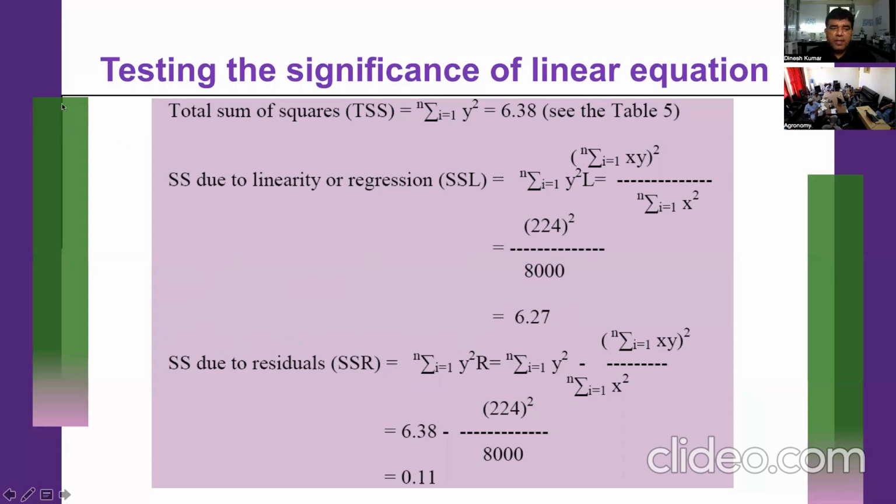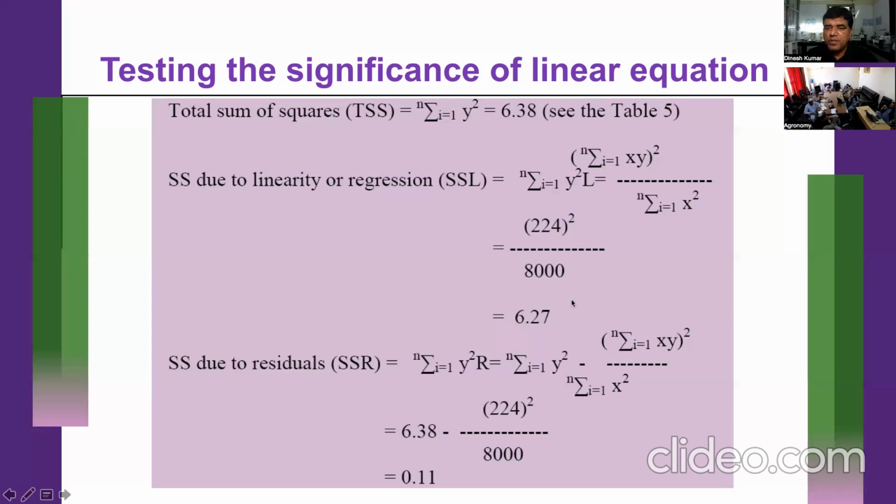So it comes out to be 6.27. Then the sum of the square due to error or residuals. I'm sorry, let me repeat: the sum of square due to linearity or regression is simply summation xy whole square divided by summation x square. You already have these values.